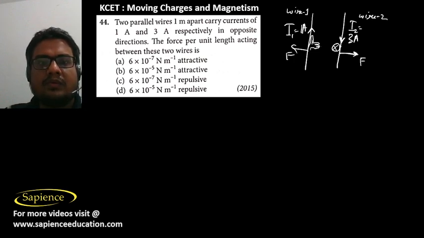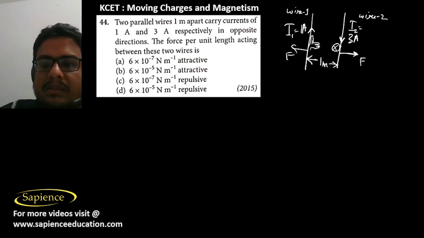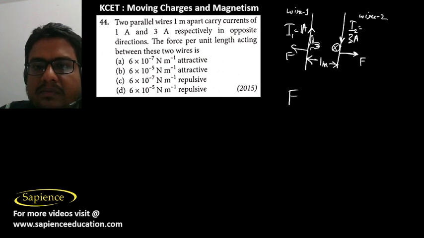Now what will be the force acting? The two wires are 1 meter apart. So now the magnetic field on the wire 2, due to the wire 1, I can say B21.